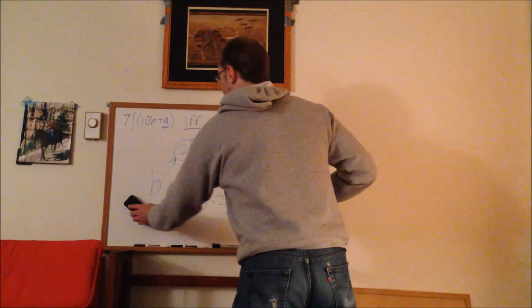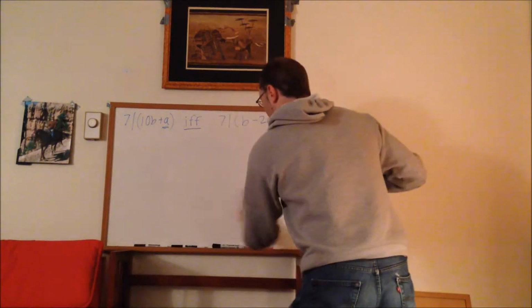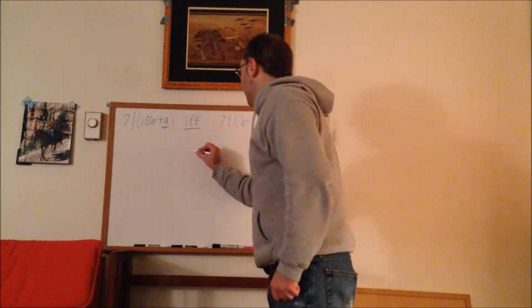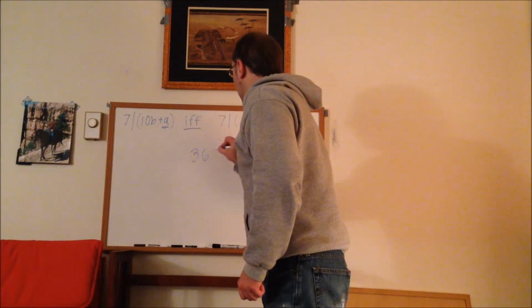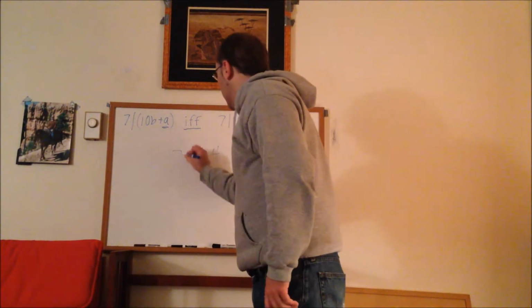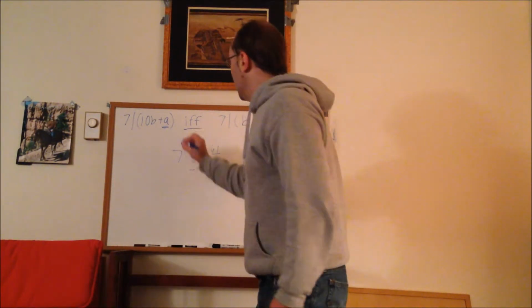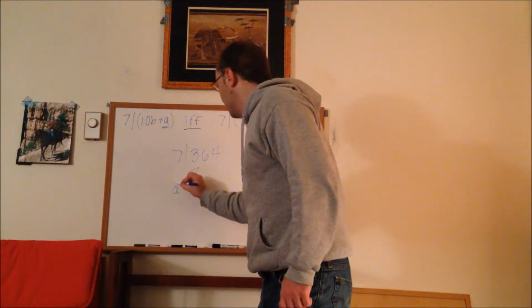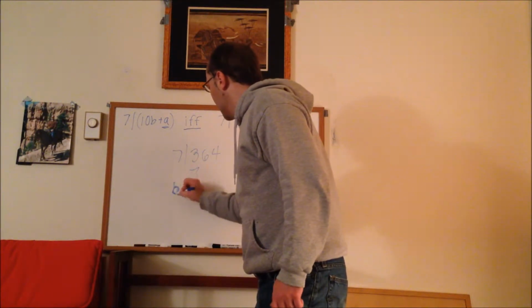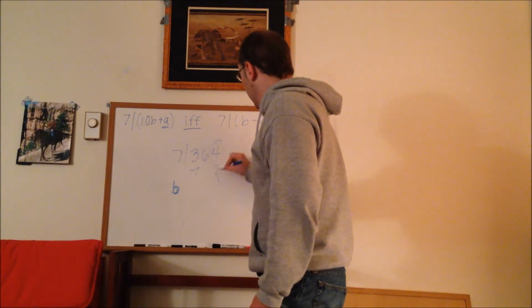So I'm going to do the easier part of the proof. I'm going to show you why this works. Here's another one. I know that's true, so 7 divides 364, so there is b, the other b, and there's a.